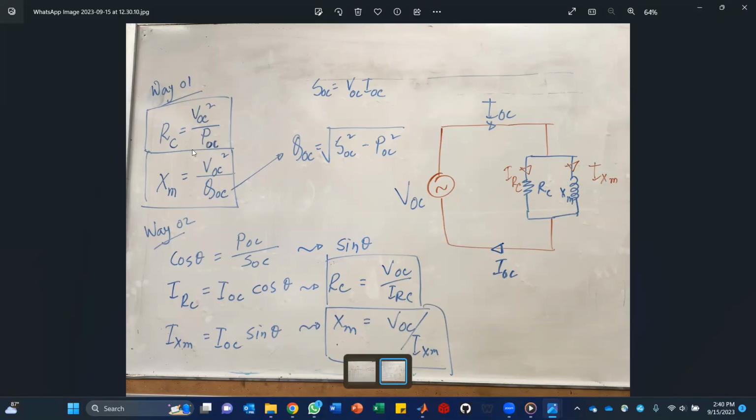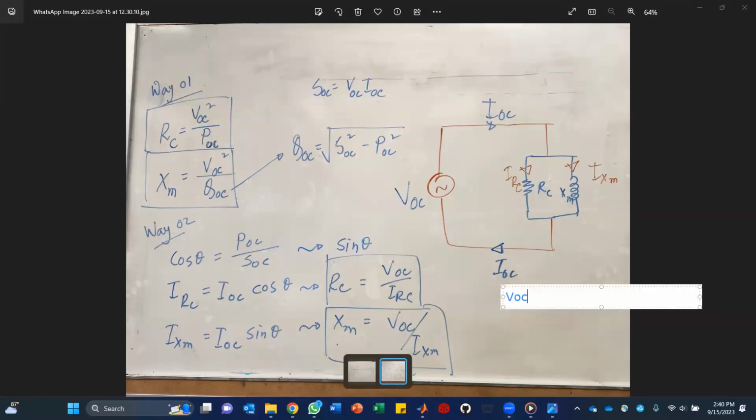Anyway, let's proceed. The way one would be very straightforward. While we are measuring and connecting everything, in the video I'll show you one demonstration. In that demonstration, you will see that there will be four components that we'll measure: VOC, IOC, the cos theta, and the real power. Let me draw it somewhere. Okay, here we go.